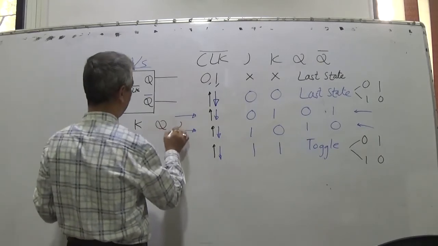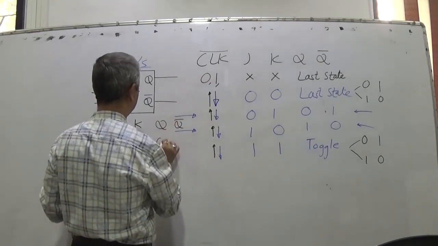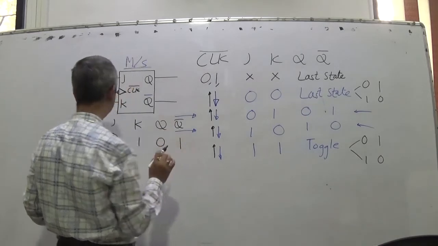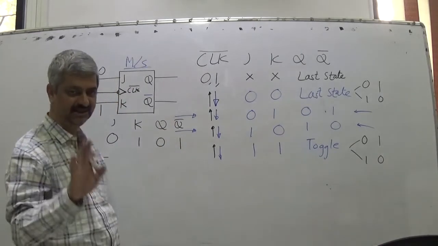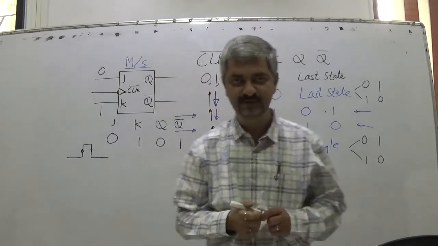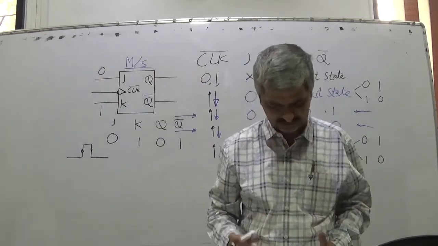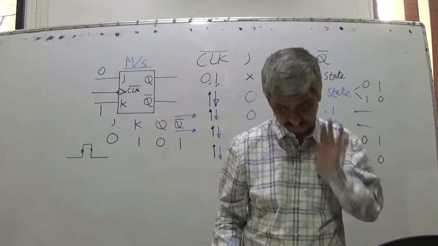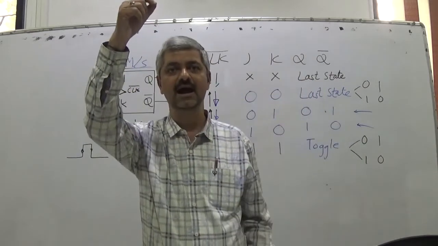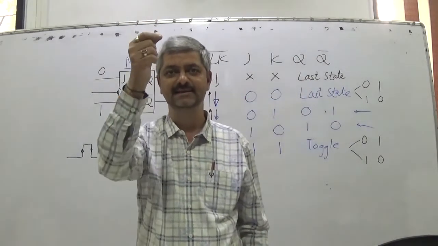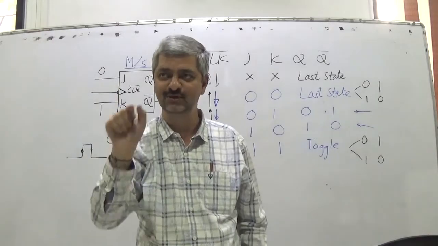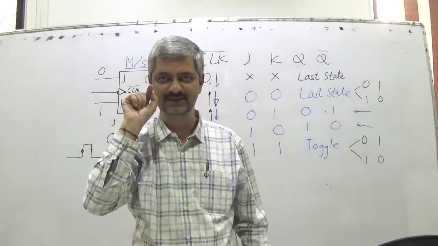What will happen? Q will become 0, Q bar will become 1. I keep J 0, K 1. Listen very carefully, this is very fundamental. J I can keep, K I can keep, clock pulse I can give using a button. I can press a button.